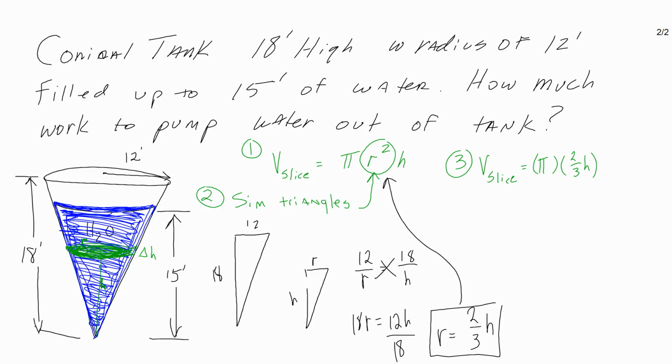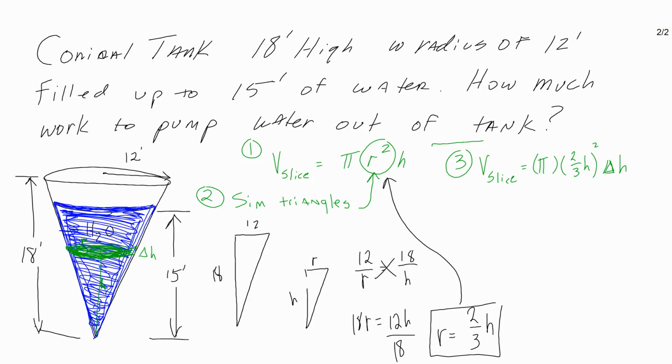Some people use it for height. It doesn't matter. In other words, that sliver is the width of a what? Hair. So delta H, which later turns into DH, which doesn't really matter, but there's your pi, there's your radius, and there's your height. So that's your volume of the slice.